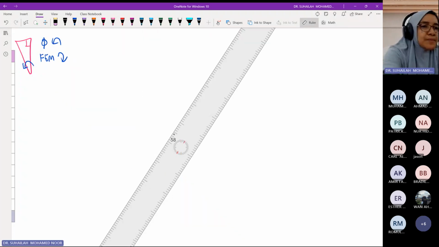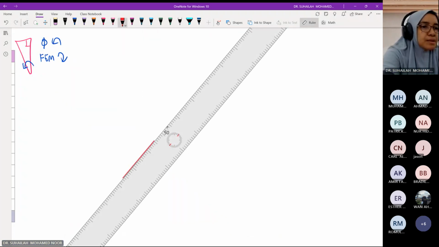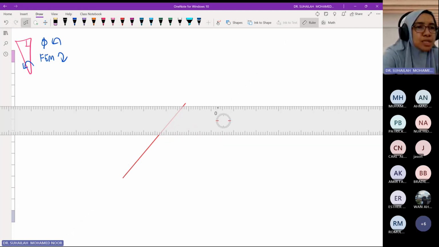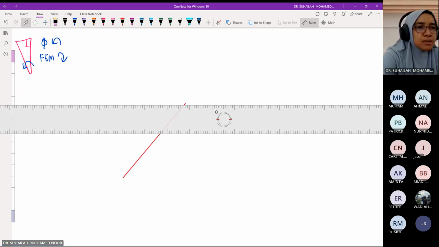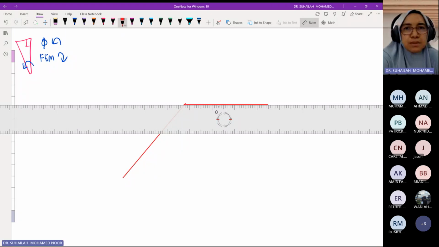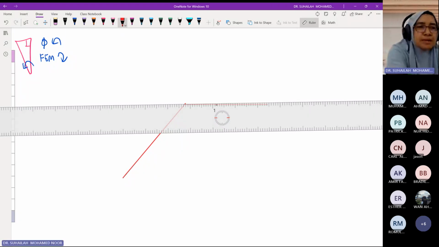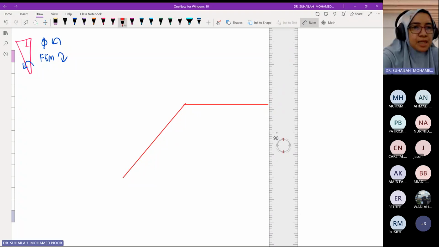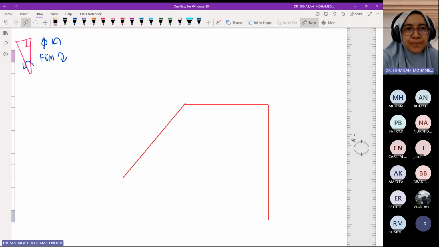Okay. So yang ni kolom AB. Lepas tu beam always horizontal. Okay. And then kolom CD. 90 degree.